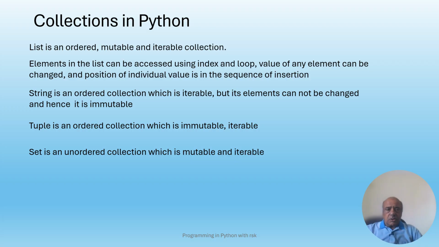Set is an unordered collection. So whatever values are assigned to a set, not necessarily will the values appear at the same index, in which the sequence of assigning the values to a set may not be the same when we want to access it.